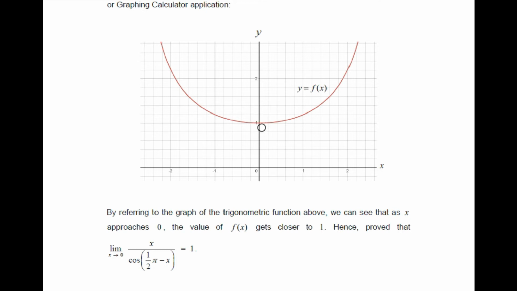Hence, the limit of x over cos(π/2 − x) as x approaches 0 is equal to 1, the same as the answer that we got just now.